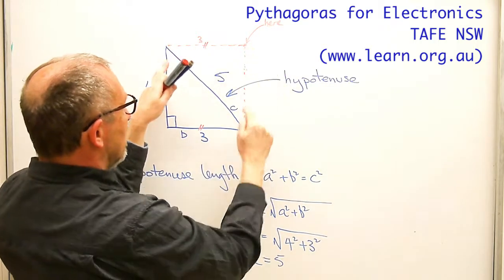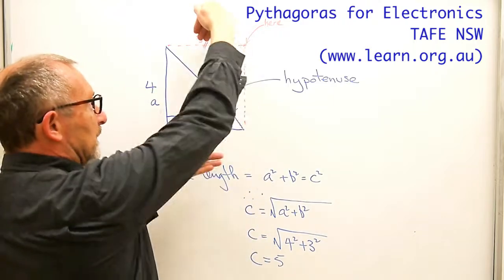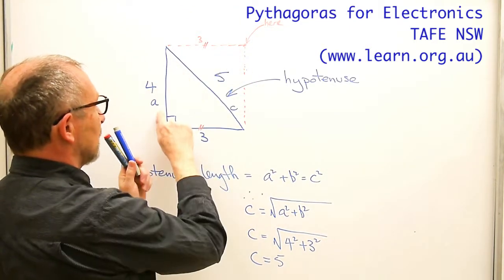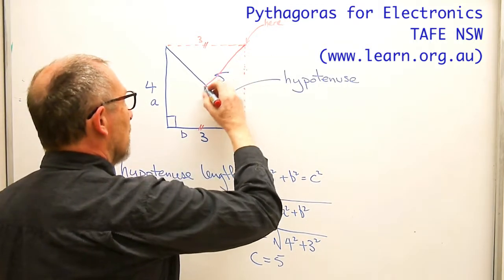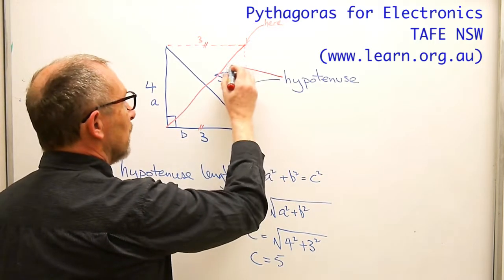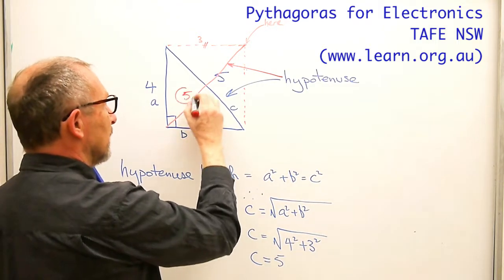So 3 and 4. But if I think about mirroring this triangle and lifting it up to make the 3 at the top, keeping this side 4 over here, and then plotting my hypotenuse down through here, the hypotenuse has moved to here, and it's still going to be length 5.